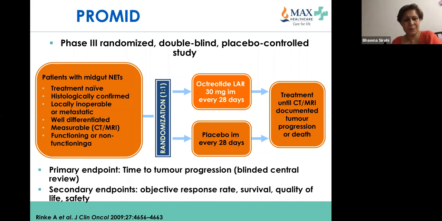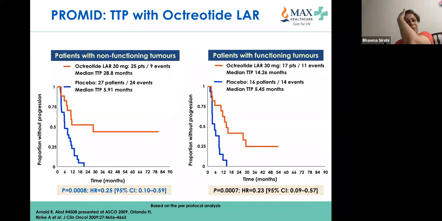So this was a phase 3 randomized trial in mid-gut treatment naive patients who were metastatic, well-differentiated neuroendocrine neoplasms. Primary endpoint was time to tumor progression, with octreotide 30 milligram once a month versus placebo. As you can see, even in the placebo arm, whether it's functioning or non-functioning tumor, you have a median time to tumor progression of 6 months, which is the take-home message for me.